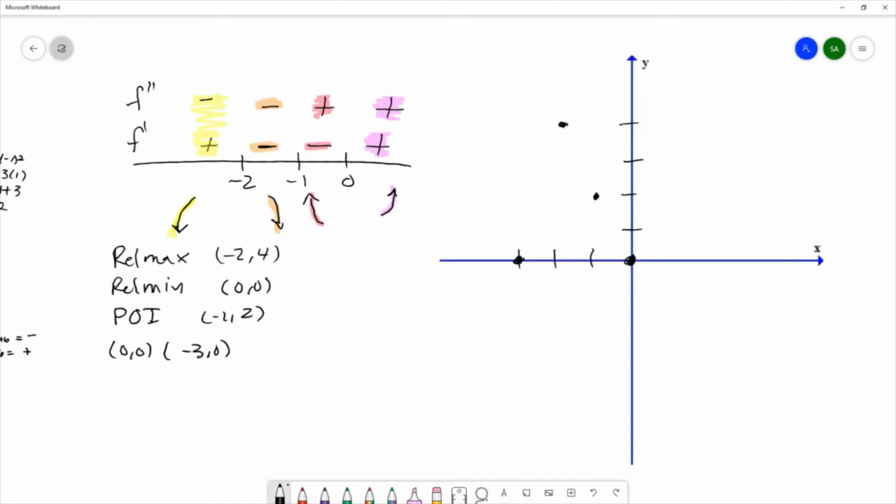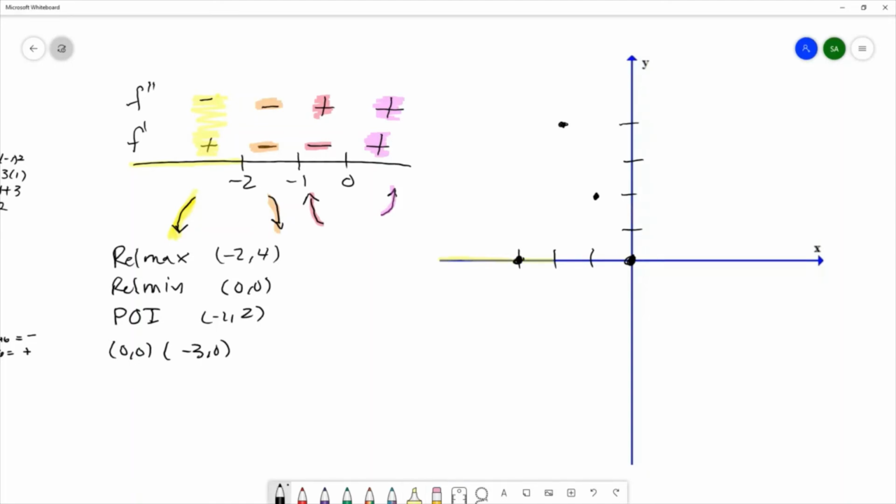And then I'm going to go section by section. I want to draw the portion of the graph that's to the left of -2 in this manner here, which would be increasing and concave down. So that's this section of the graph.